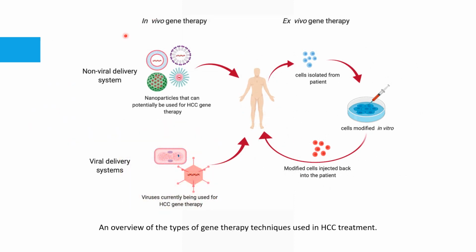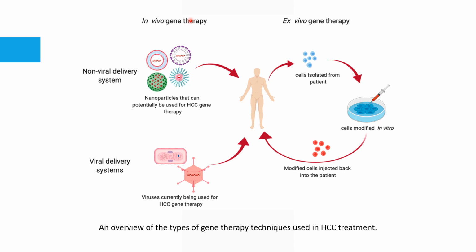So we have here an overview of the types of gene therapy techniques used in the treatment of HCC. HCC stands for hepatocellular carcinoma, which is the 5th most common cancer and the 2nd leading cause of cancer-related deaths worldwide. Gene delivery into the host involves inserting therapeutic genes first into a vector.